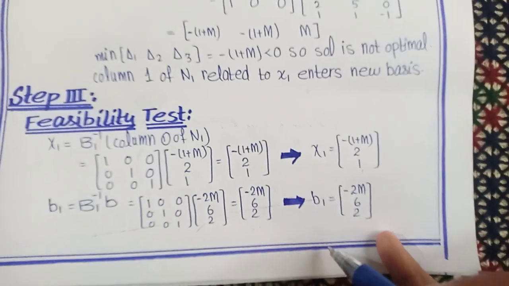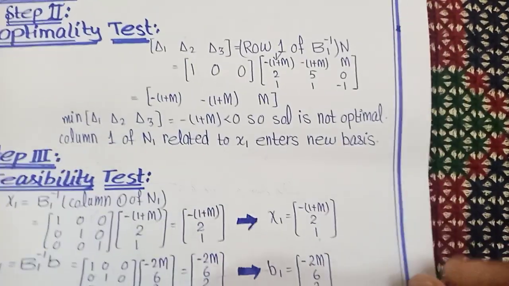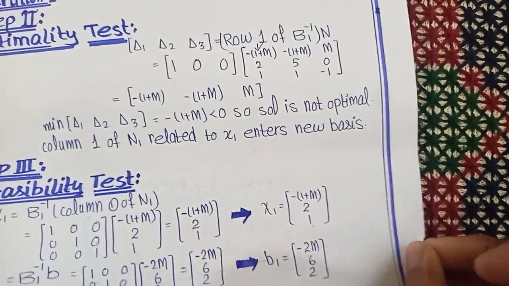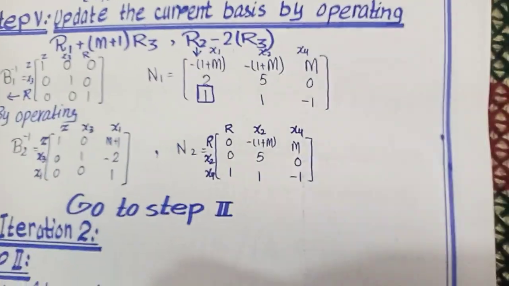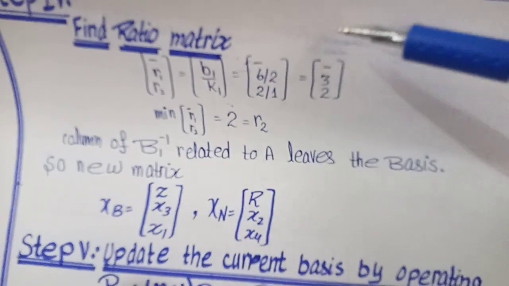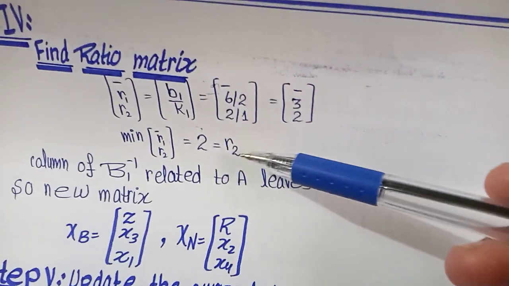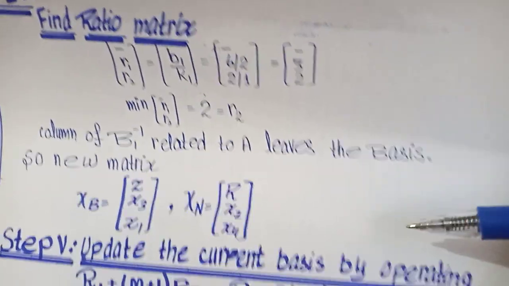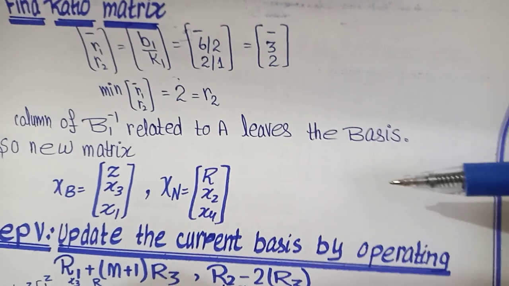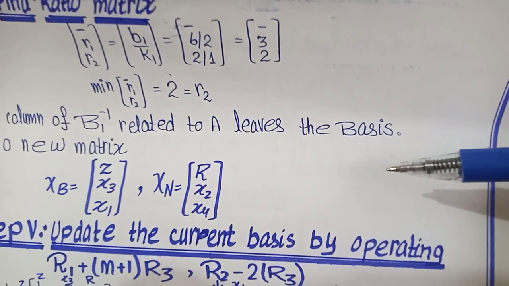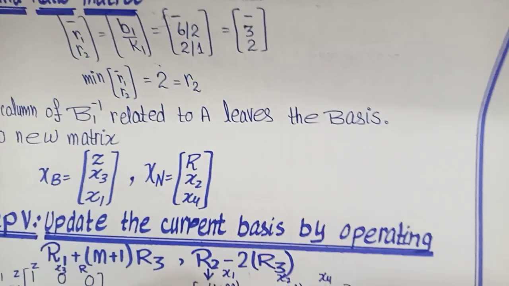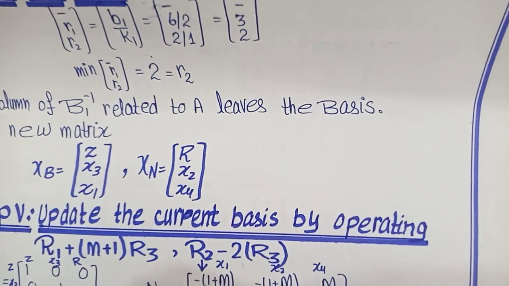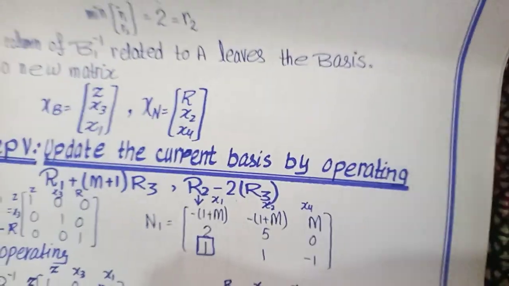Then take the ratios and neglect all zeros and negatives. Taking the minimum ratio test, R2 is equal to 2, column of B1 related to A leaves the basic variable. X1 is the entering variable and A is the leaving variable, and update the current basis by operating.